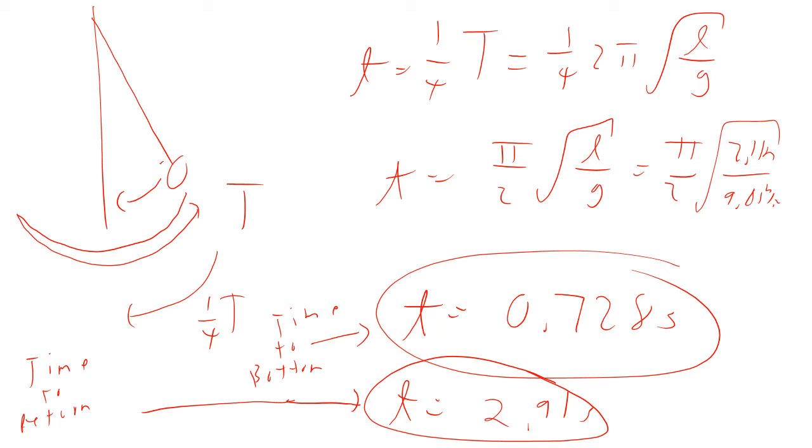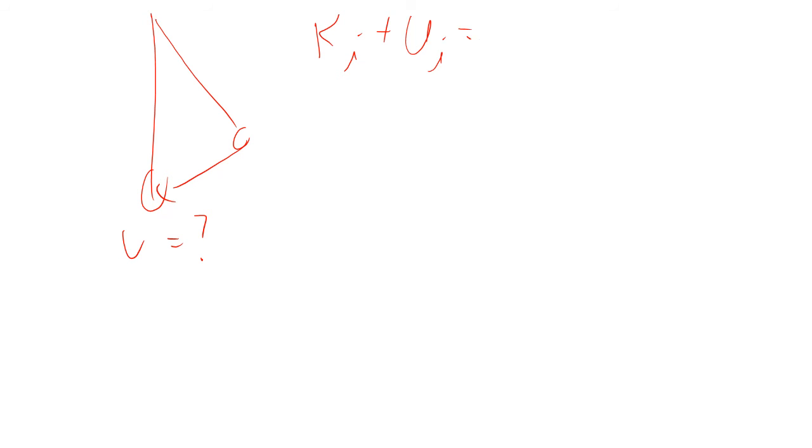Okay. So the next question is, how fast is it moving when it reaches the bottom? We actually have an easy way of doing this too, because this is a conservation of energy problem. Initial kinetic energy plus initial potential energy equals final kinetic energy plus final potential energy.